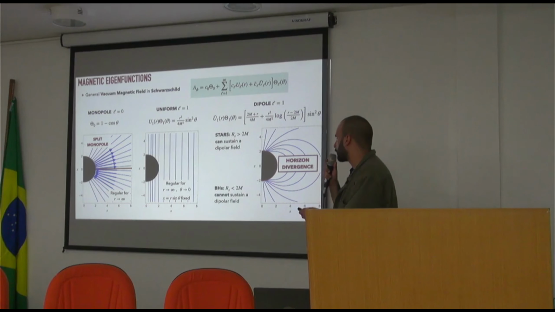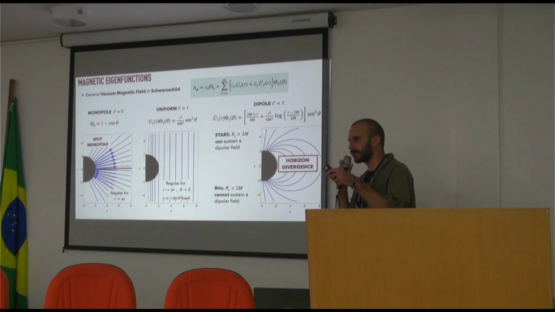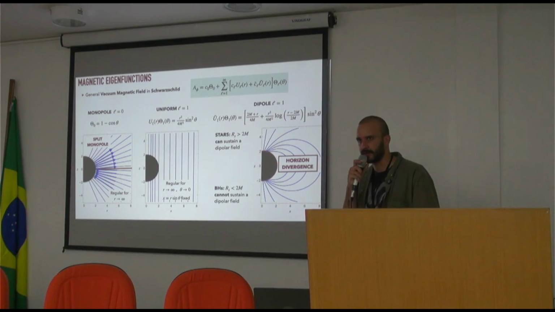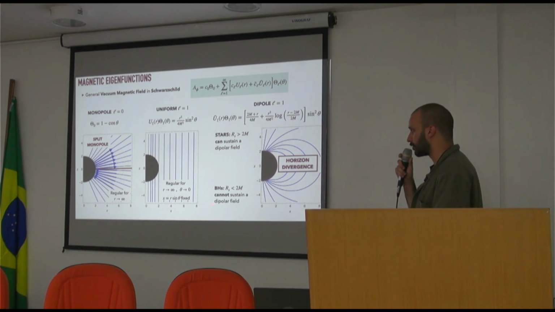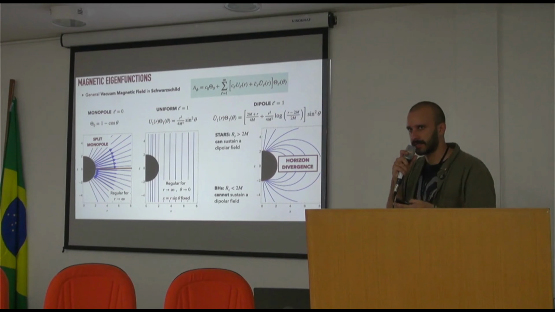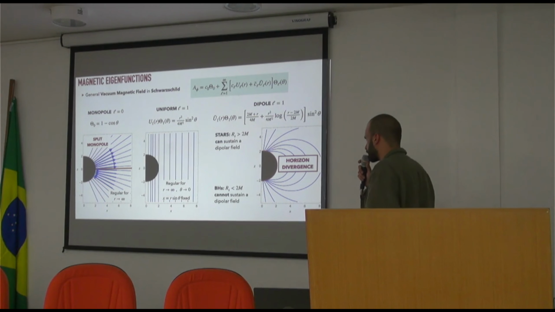So here we learn something, namely that stars, which have a surface, and the surface is always located outside the gravitational radius, can effectively sustain a dipolar magnetic field. But this is never true for black holes, whose surface doesn't exist, in the sense that it is hidden inside the horizon if it exists.